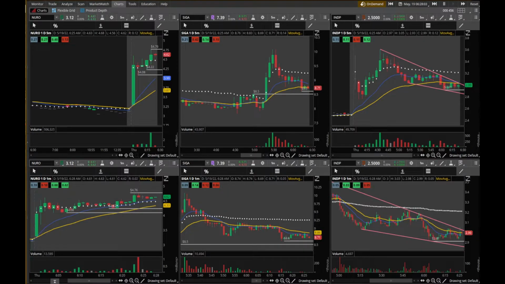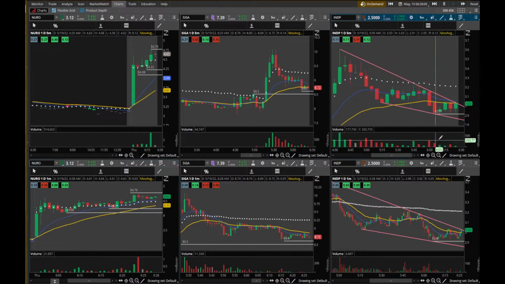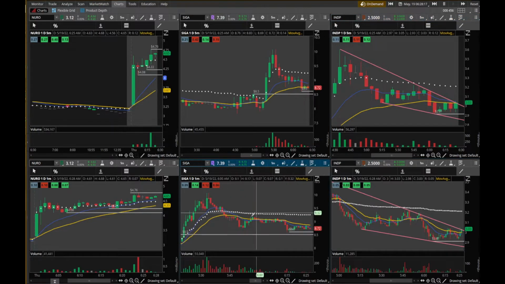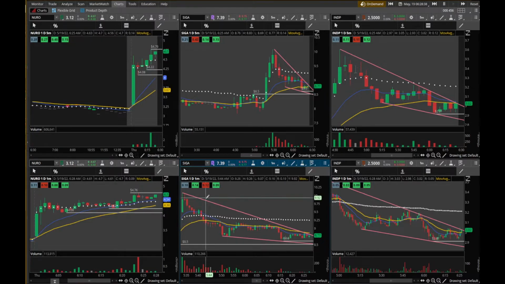Looks like INDP testing that top line. We do have, if I connect the red candles, we do have a line coming down there. And I don't know, this is a little tricky here. I don't always draw these ascending and descending lines because they're not real reliable.